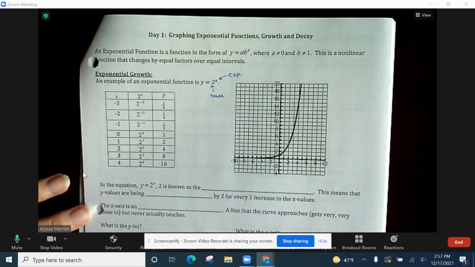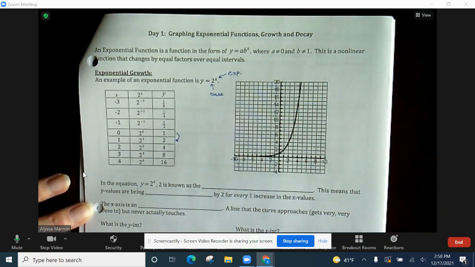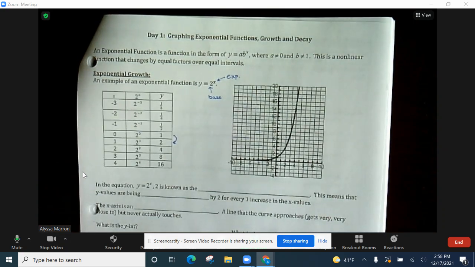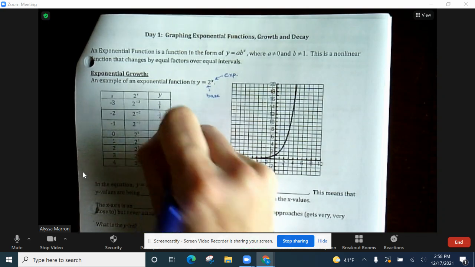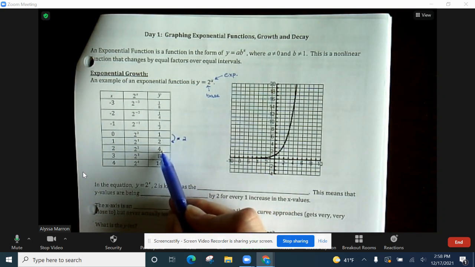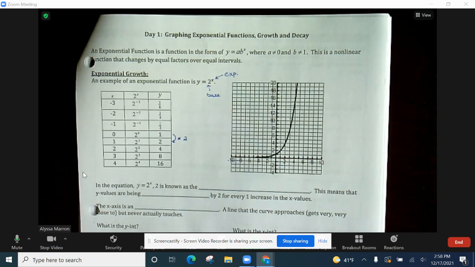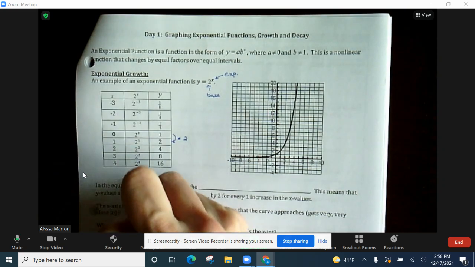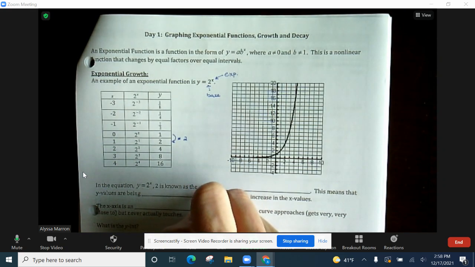Now, as you can see, there's a pattern with our y values. Going from any y value to the next value, we're really just multiplying by a constant of 2. And that pattern holds true. 2 times 2 is 4, 4 times 2 is 8, 8 times 2 is 16. So we can look at the equation of y equals 2 to the x, and our base, again, of 2, in this case is known as a growth factor.